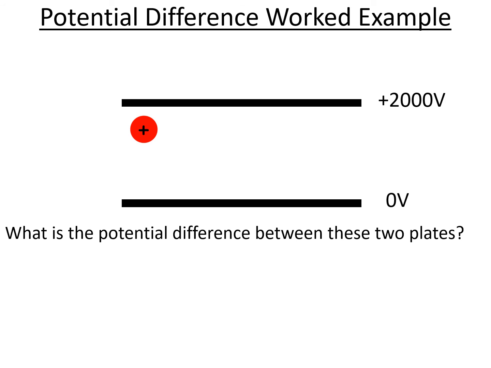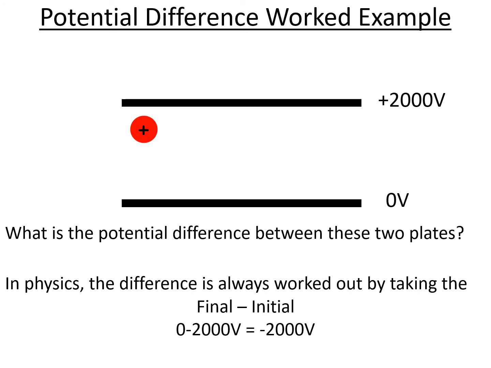Okay, so what's the potential difference between these plates? So the charge is starting at a high potential and it's going to drop down to a low potential. So in physics, the difference is always worked out by taking the final minus the initial. Okay? Think about acceleration.